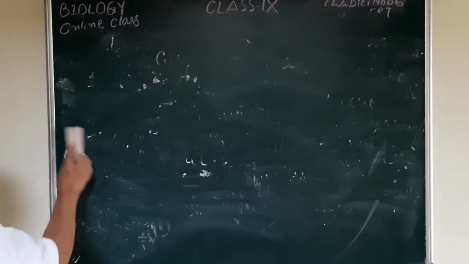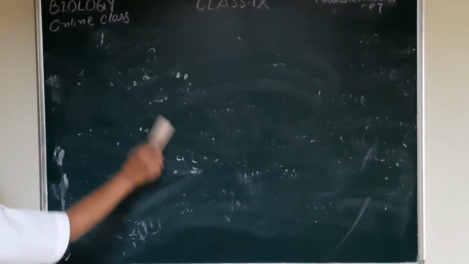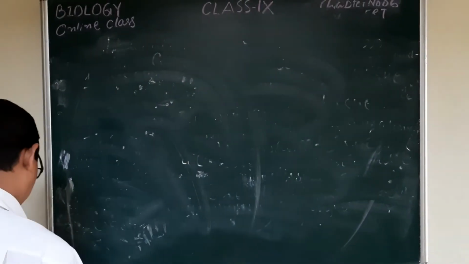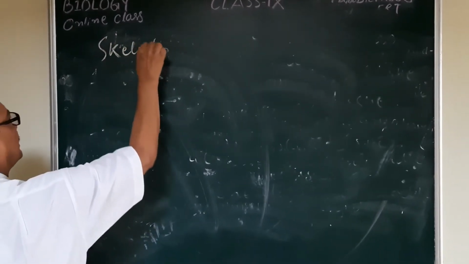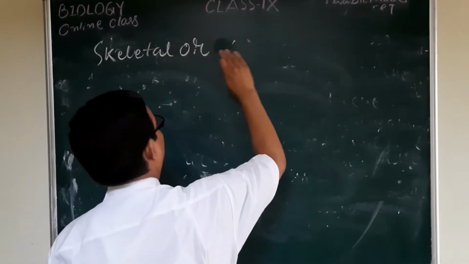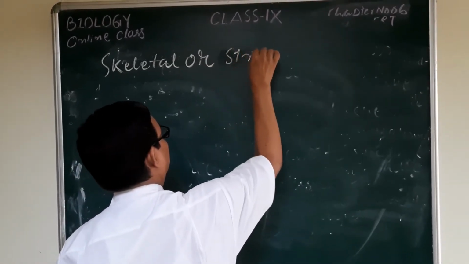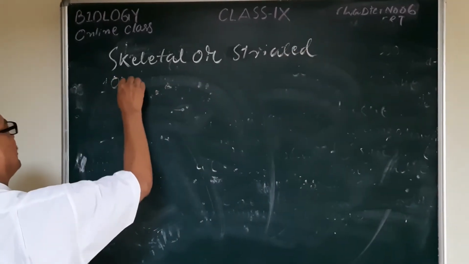Now type one, the first, that is the skeletal or striated or voluntary muscular tissue.